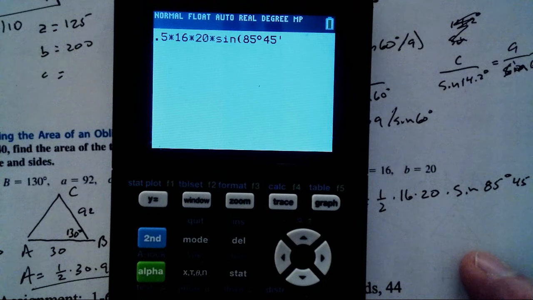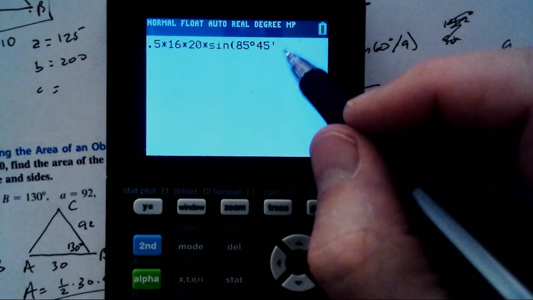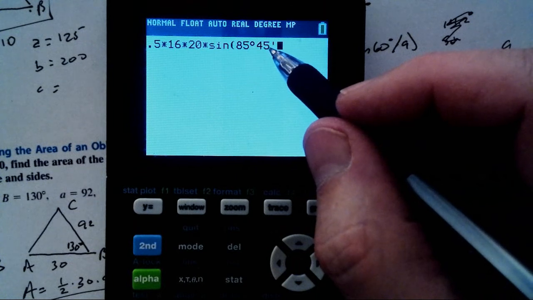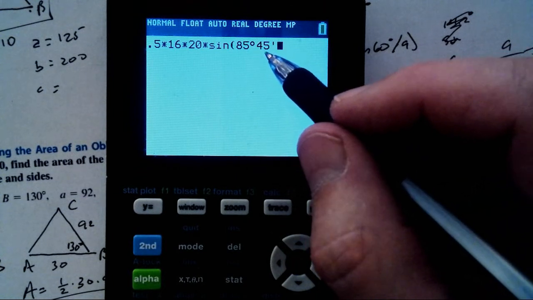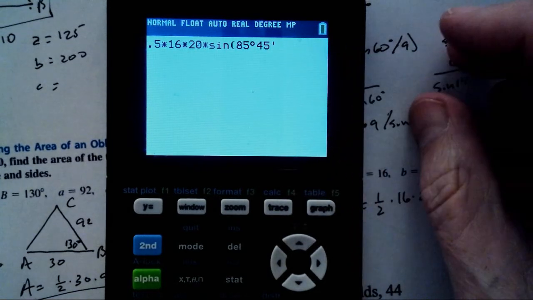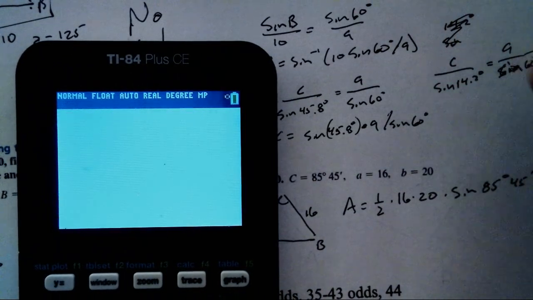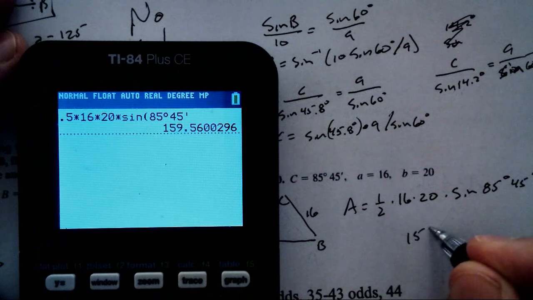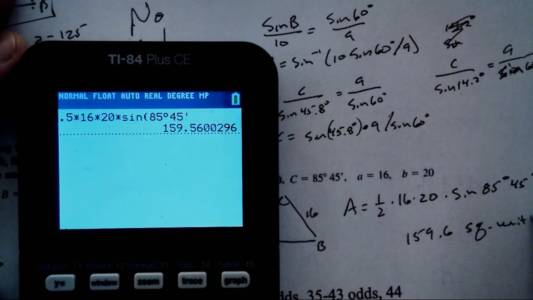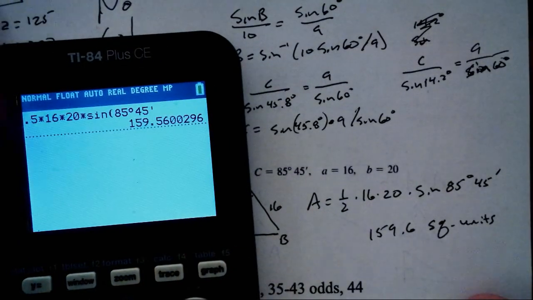Now, 85 degrees, 45 minutes is 3/4 of the way around the clock. That's 3/4. This could be 85.75 degrees. But if it was 42 minutes, we're going to probably want to use our calculator to do that for us. So enter, and we get 159.6 square units.